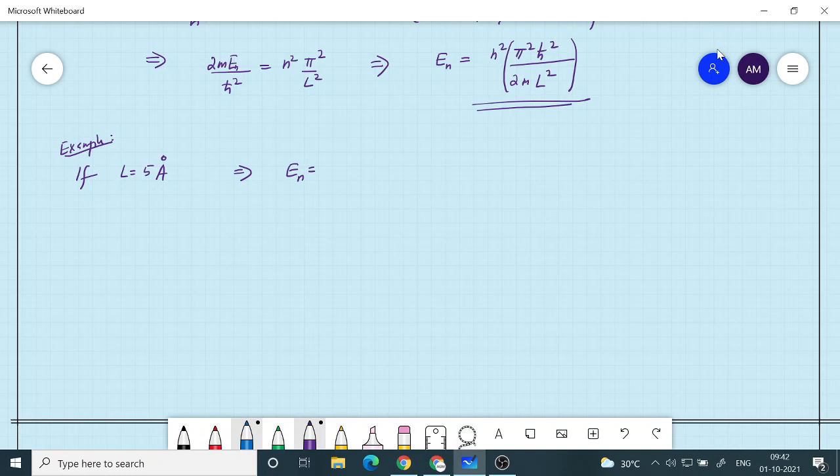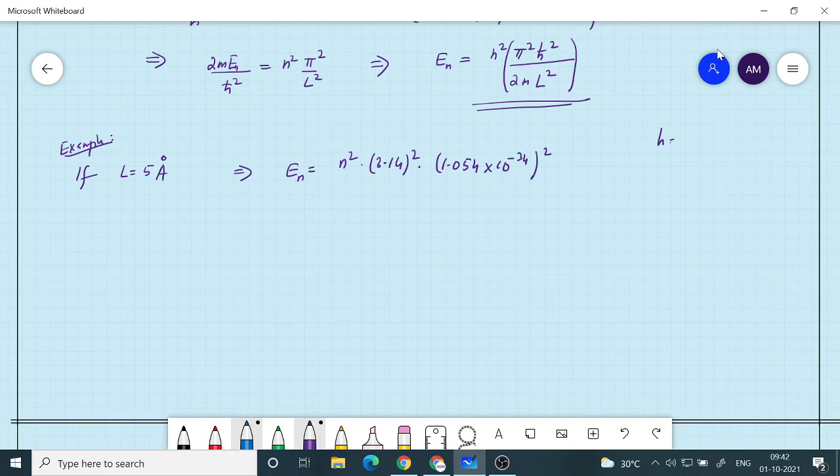So En is equal to, all these constant values you need to substitute. So that will be n square into pi square, which is 3.14 whole square, then h cut square. H cut is basically 1.054 into 10 raised to minus 34, the whole square.